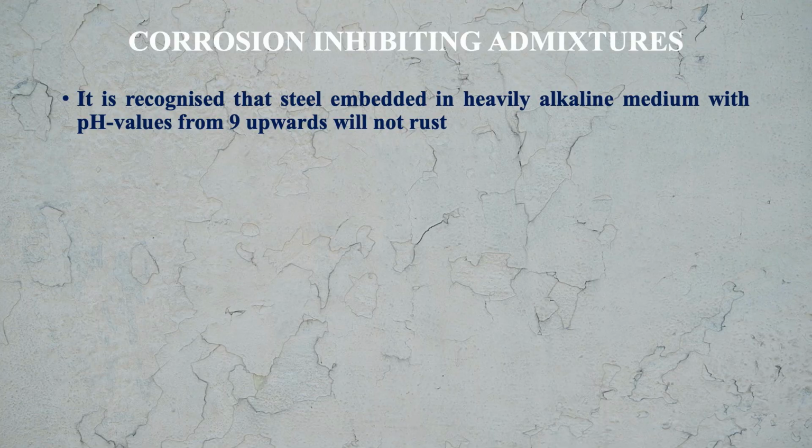It is recognized that steel embedded in heavily alkaline medium with pH value from 9 upward will not rust. Means if the environment is alkaline, then corrosion will not be there.